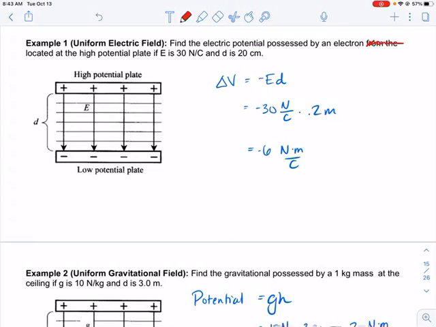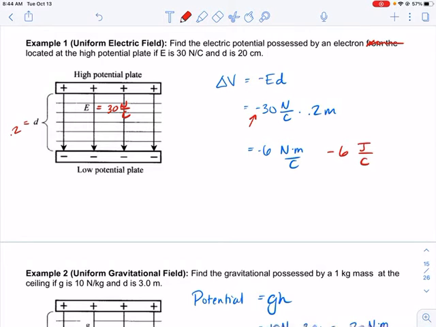We know the magnitude of the electric field is 30 newtons per coulomb, and it's pointed downward. That's why I've got the negative there. The distance between the plates is 0.2 meters. To find the potential difference, all I have to do is multiply E times D, and I get 6 newton meters per coulomb, and a newton meter is a joule, so this would be 6 joules per coulomb.